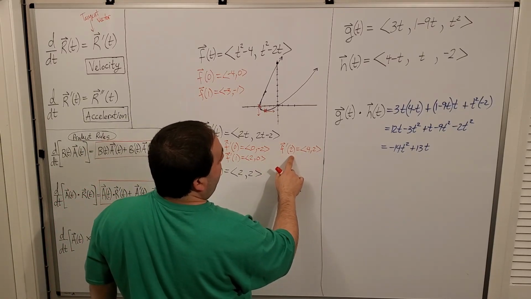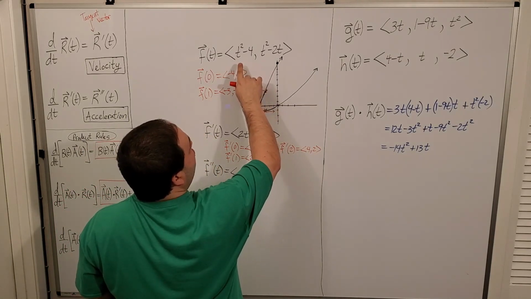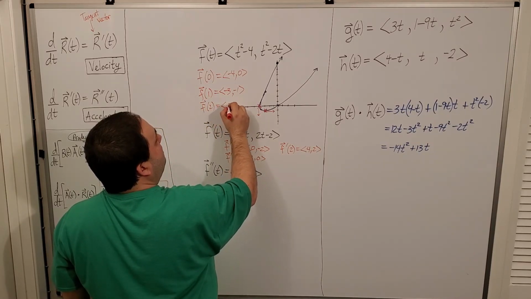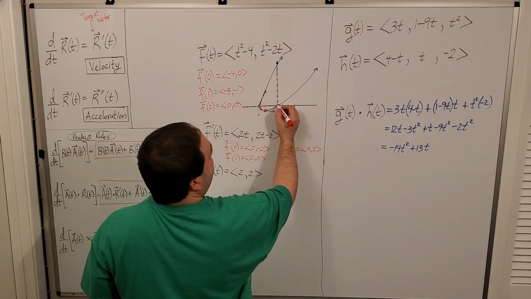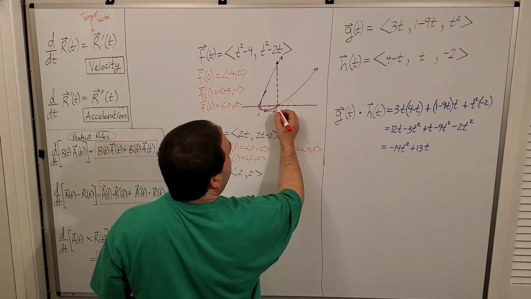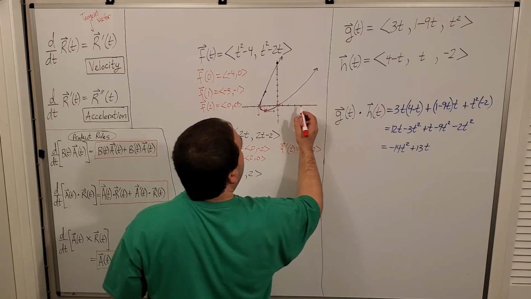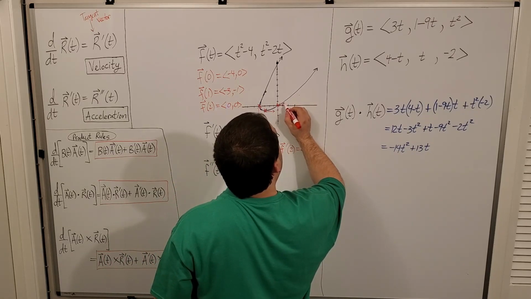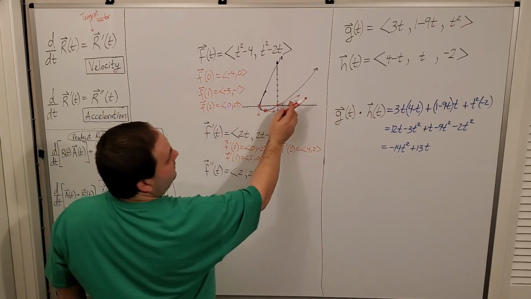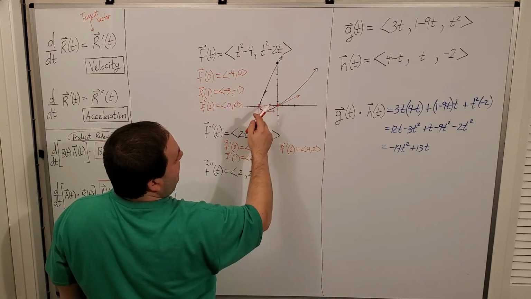F prime at 2, when I plug in 2, I'm getting the 4, 2 vector, which is going to be here. I'm getting a tangent vector that looks like this. So notice this is exactly what's happening.